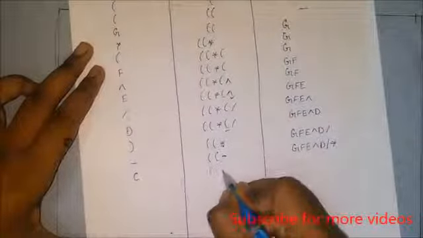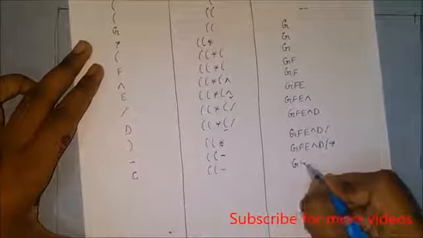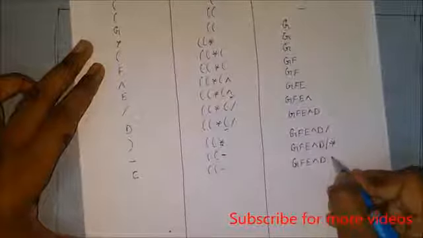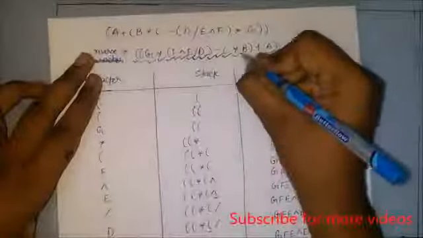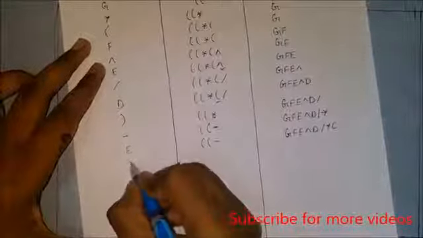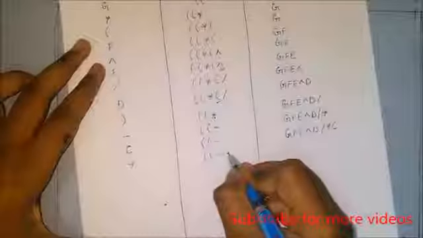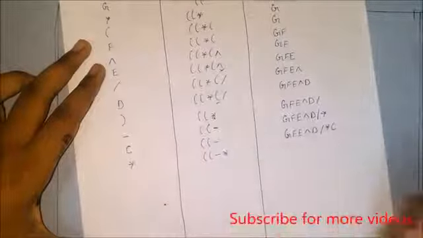Again, c, so c will be added into the postfix expression, and the stack will be as it is. Again, a multiplication operator. The multiplication operator has higher precedence than the minus operator, so nothing will happen here and the postfix expression will be as it is.